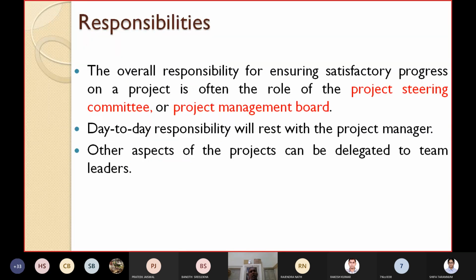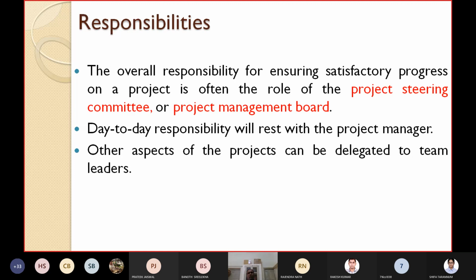Now let's see a little bit about the responsibilities. In a project team, who is responsible for what? The overall responsibility for ensuring satisfactory progress on a project very often lies with the topmost committee, normally called the project steering committee or project management board.